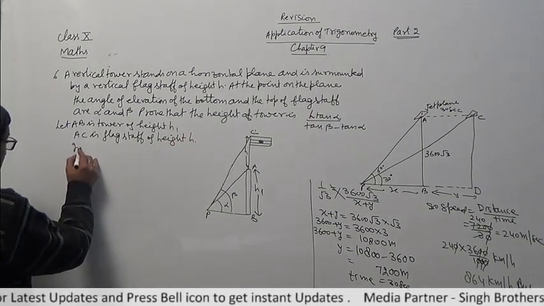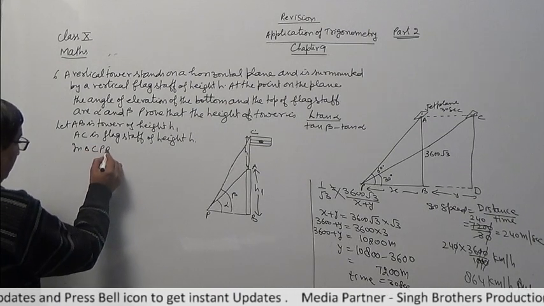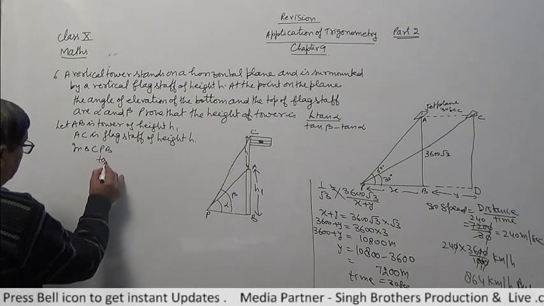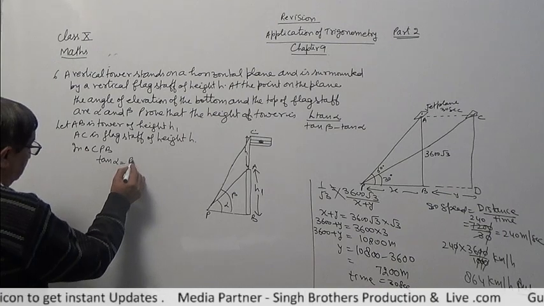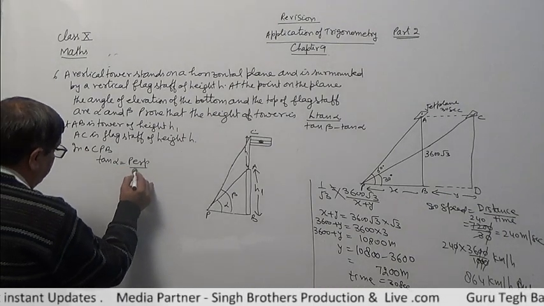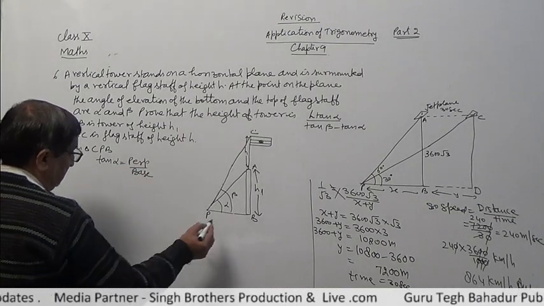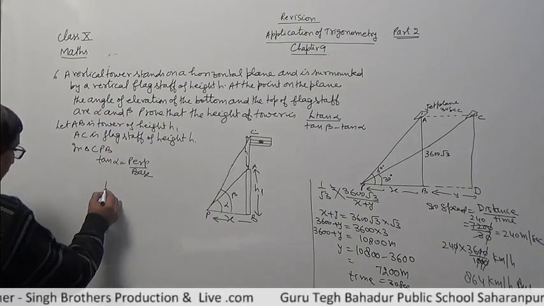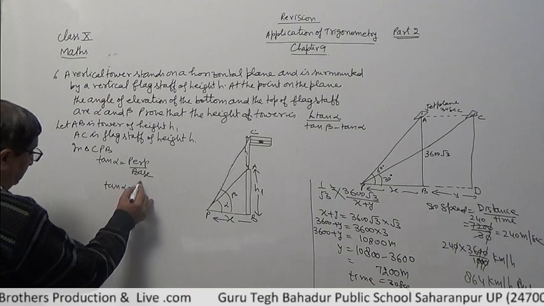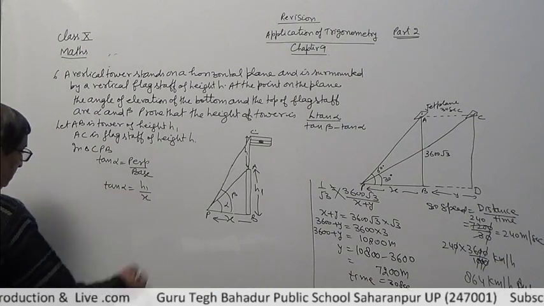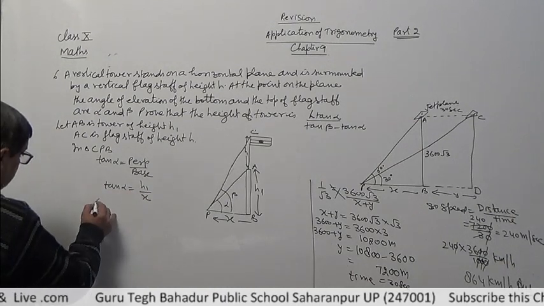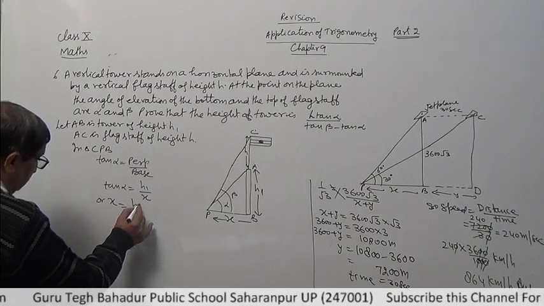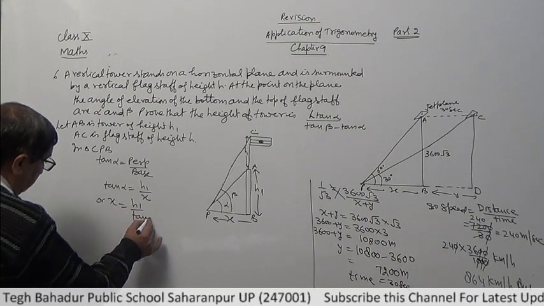In triangle APB, tan alpha is equal to perpendicular upon base, this is x, so tan alpha is equal to h1 upon x, or x is equal to h1 upon tan alpha.